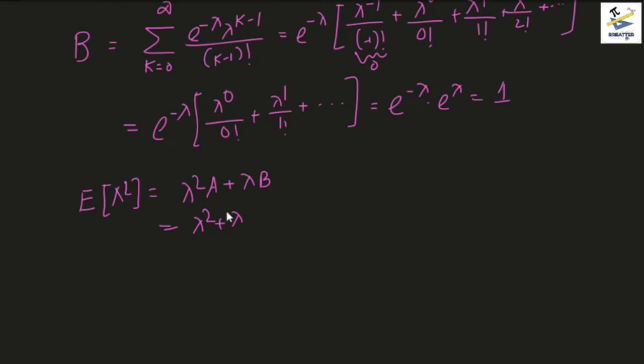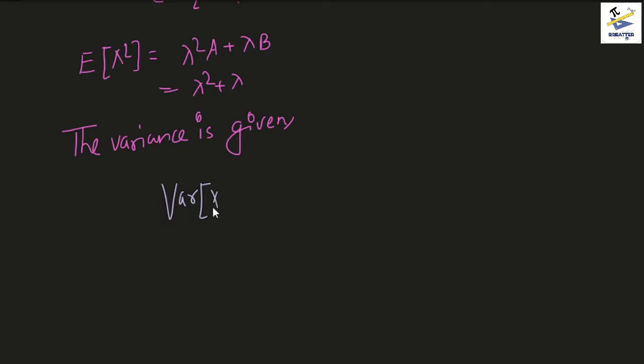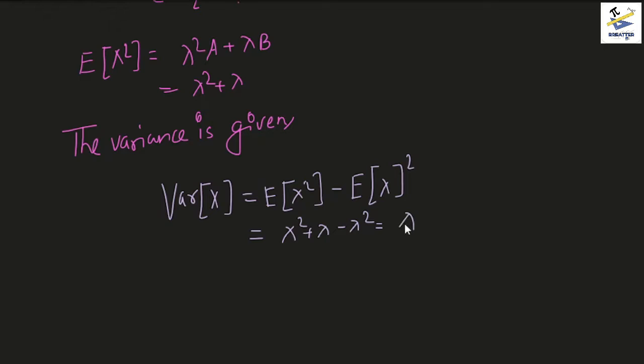So first let us find the variance using this second moment. The variance is given by, since it's a result, let's do it like this: variance of x is equal to E of x squared minus E of x whole squared, which is lambda square plus lambda minus lambda square, which gives you lambda.